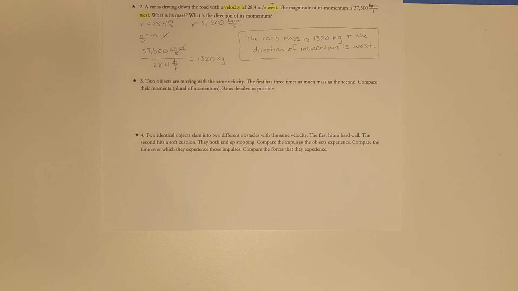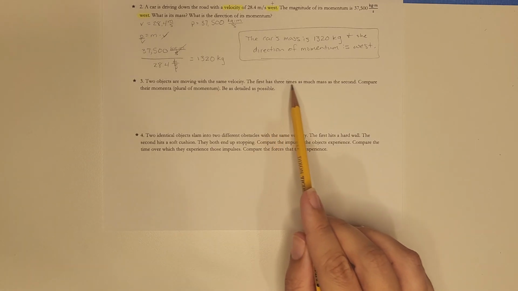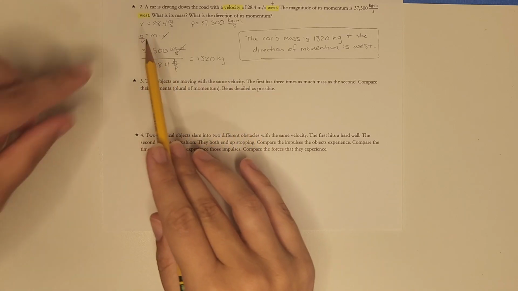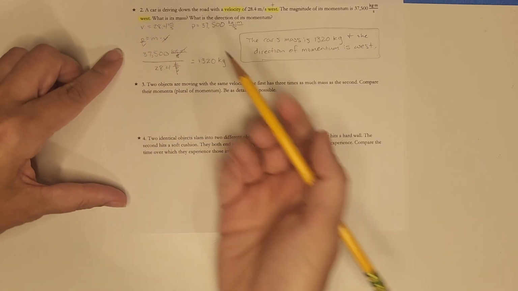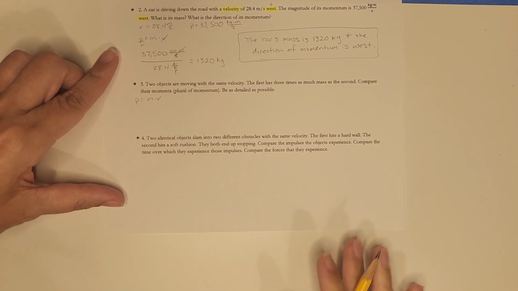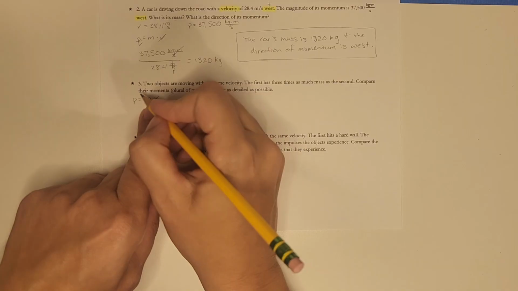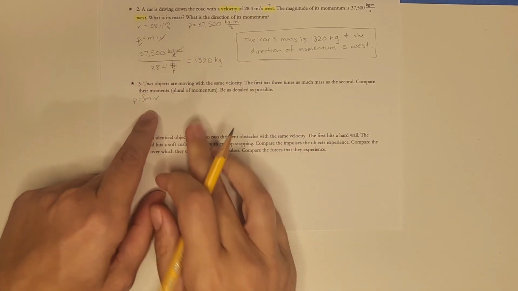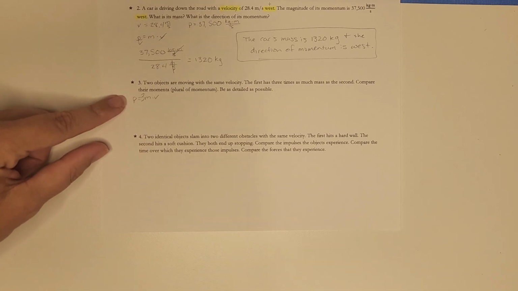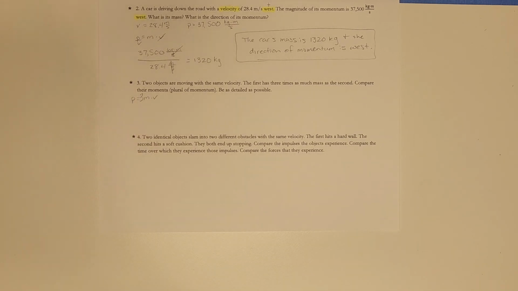So in this case, if the first has 3 times as much mass and their velocities are the same, well, because you have p equals mass times velocity, if you multiply this mass times 3, you're going to be multiplying the momentum times 3. So the first will have 3 times the momentum as the second.